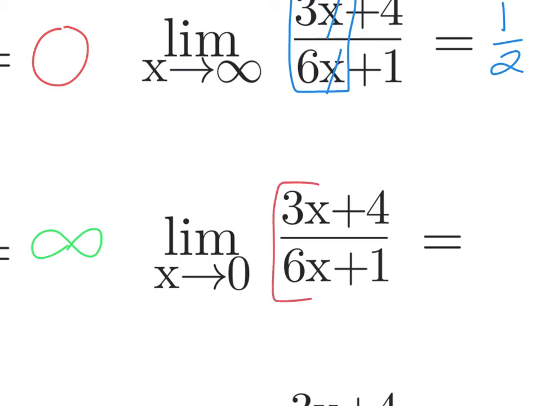We're going to jump right to here, but look out. The limit isn't going to infinity anymore. We should always be paying attention to that x as well. As x approaches 0, these two terms both approach 0. But we'll have 0 plus 4 in the numerator, 0 plus 1 in the denominator. So this entire limit is actually just 4.